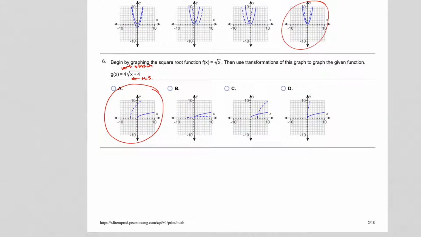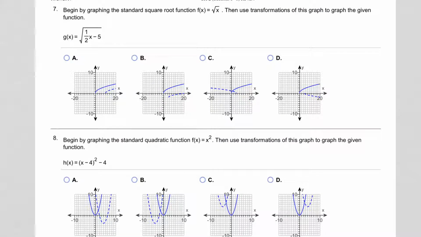Okay, let's take a look at number 7. Number 7 has some type of stretching or shrinking, but this time it's inside, so that would be a horizontal stretch.